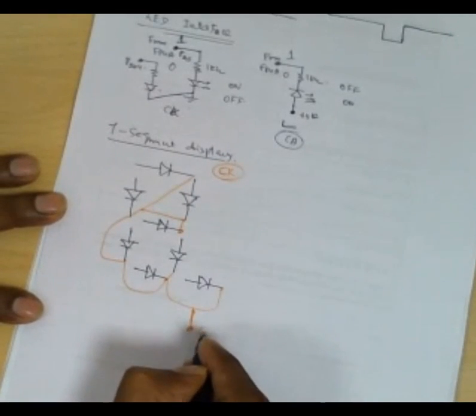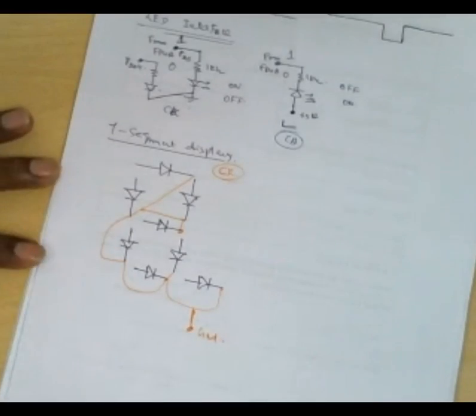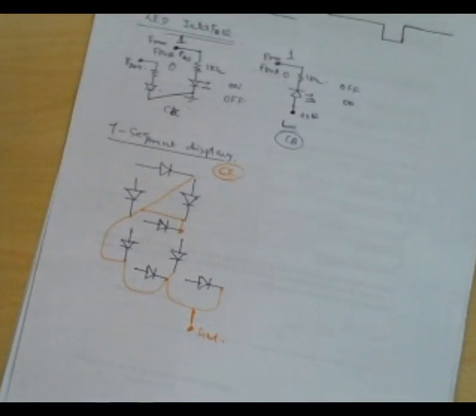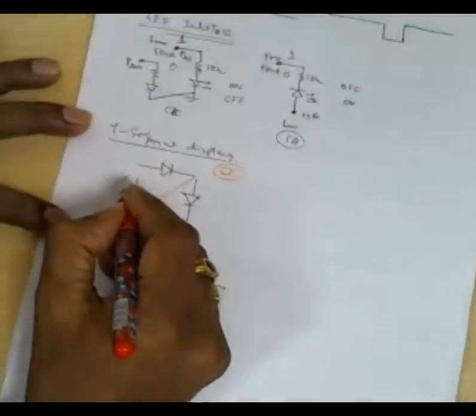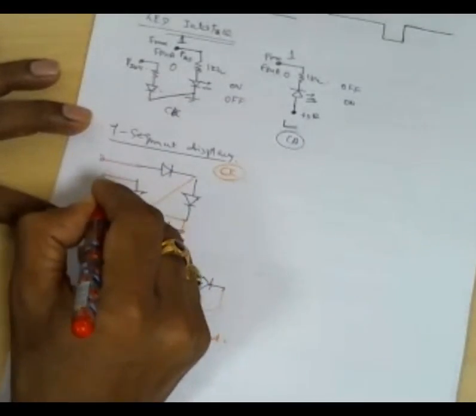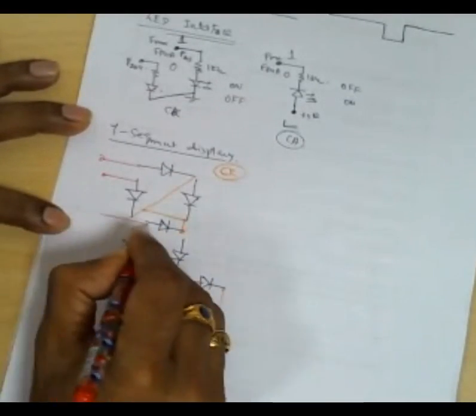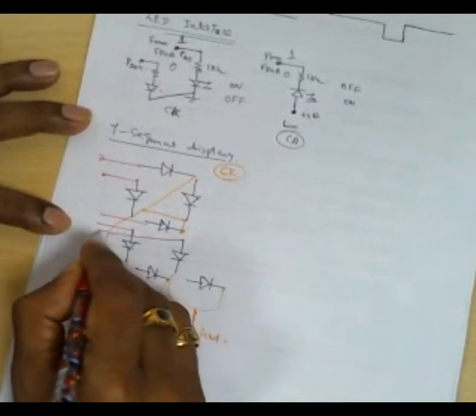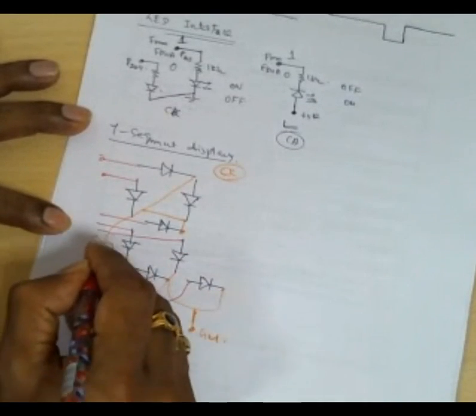This pin is the ground pin. Then all the anodes are available for the FPGA control.